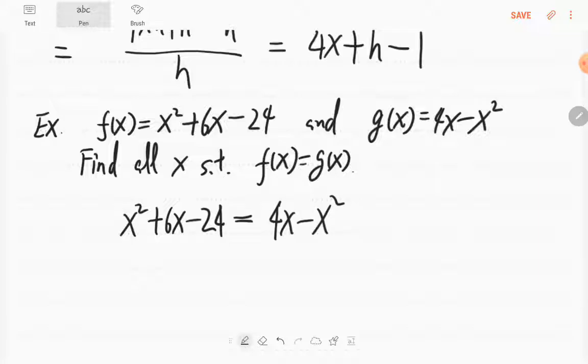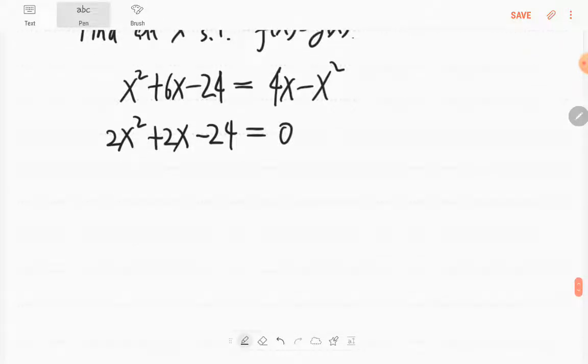Then we solve this equation, right? So we add x squared on both sides, so you have 2x squared. We minus 4x on both sides, so you have 2x here minus 24 equals 0. Right? So now we have a common factor 2, so we divide by 2, so you have x squared plus x. We simplify a little bit.